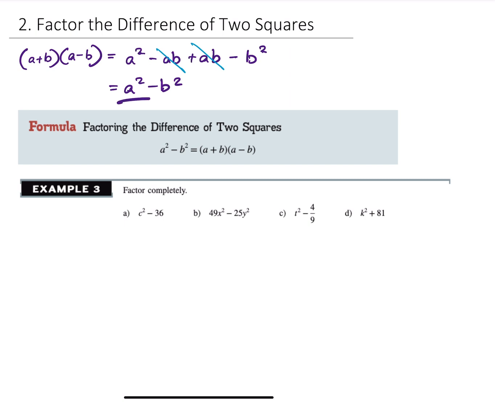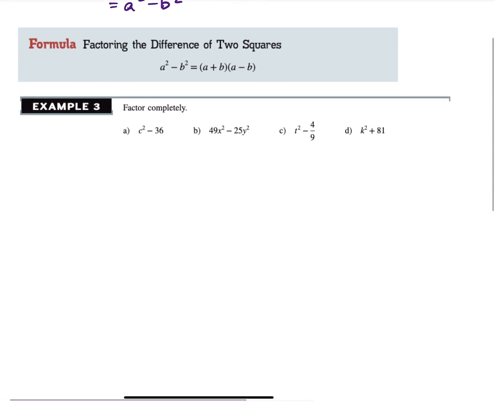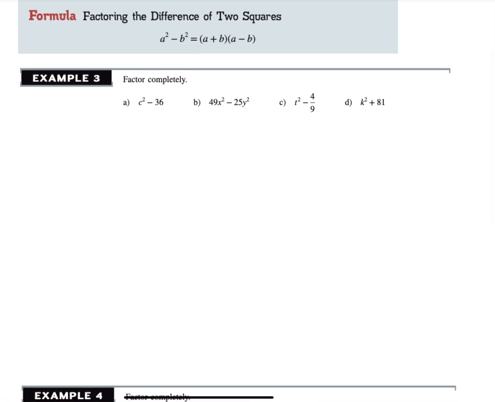So that means if we can recognize this, if we have something that is a difference of two squares, two things that are squared, a squared minus b squared, we can jump straight to factoring it as a plus b times a minus b. Let's go through a few examples. Part A, we have c squared minus 36.